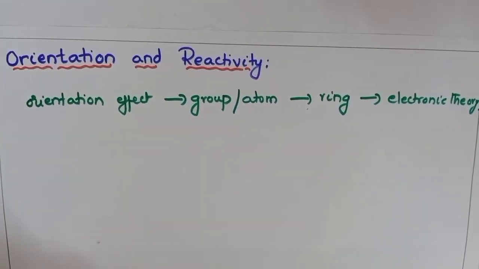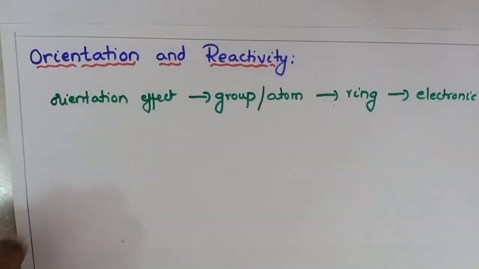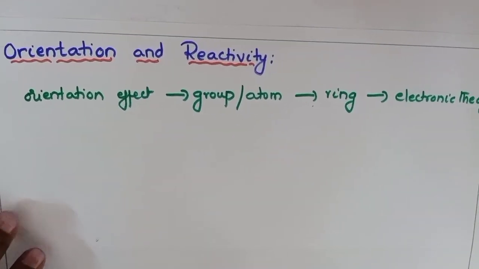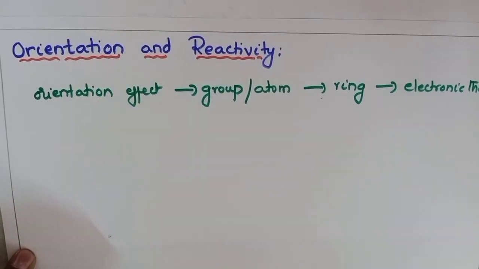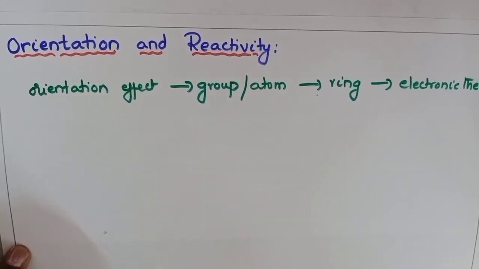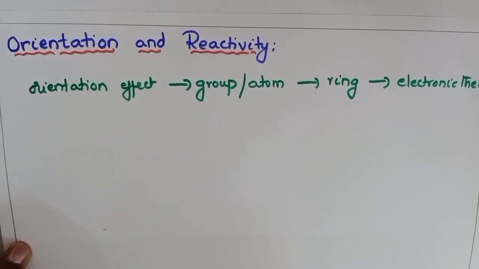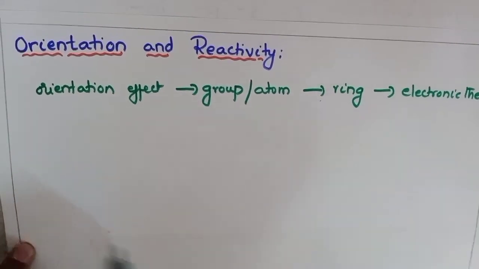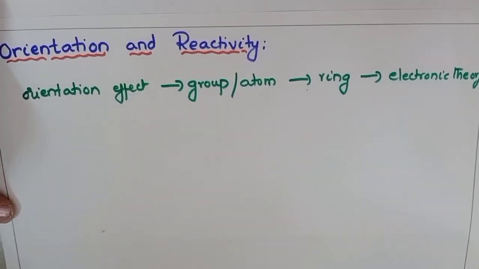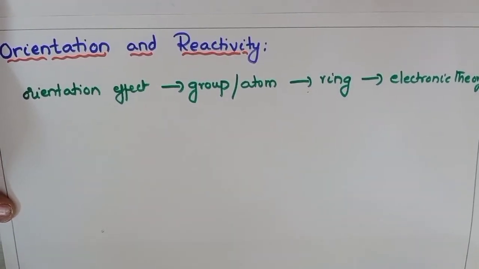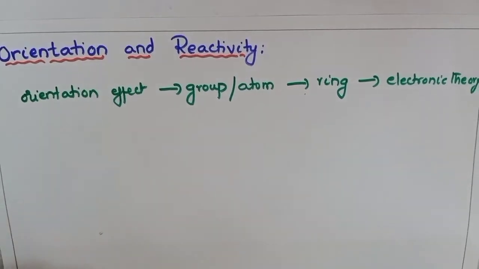Next, put the side heading orientation and reactivity, students. Put the side heading orientation and reactivity. Ready? Okay. So students, the orientation effect of the group or atom which is present on the ring is well explained by electronic theory.